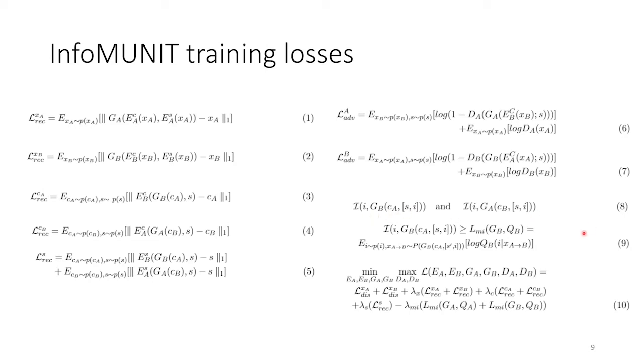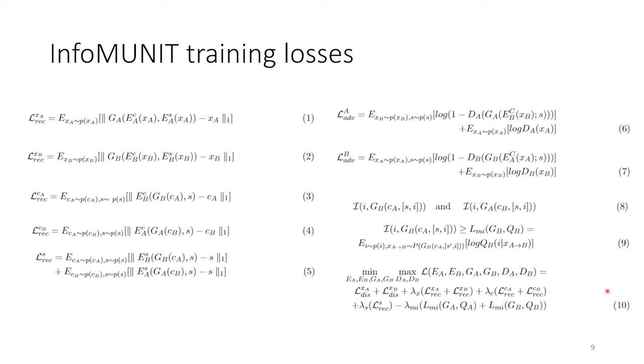So in our paper, we give more detail of how we technically handle this to maximize this mutual information. But in the scope of this presentation, we don't have enough time. So please take a look at the paper for a more detailed explanation of this transformation.